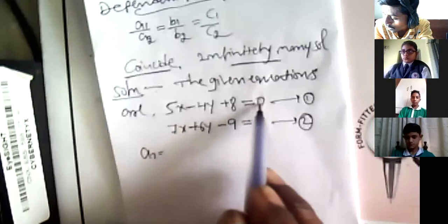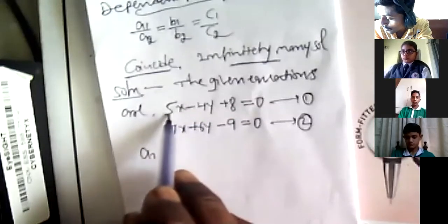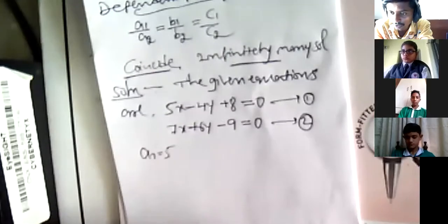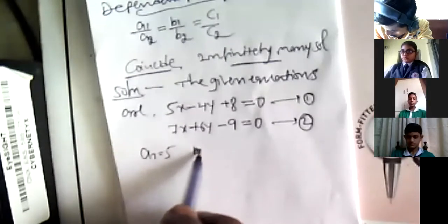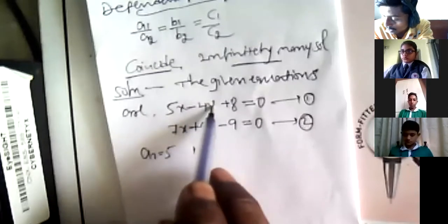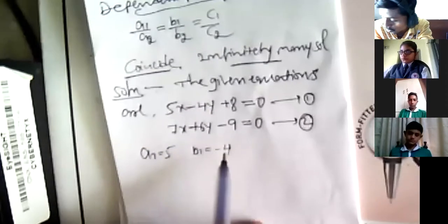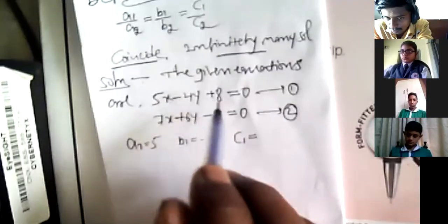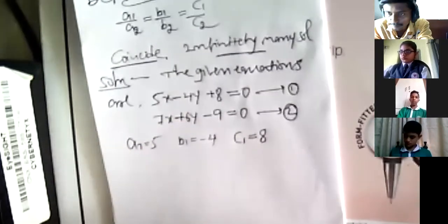The coefficient of x is A1, therefore A1 is equal to 5. Next, B1, the coefficient of y, is minus 4. Next, C1, the constant, is 8.